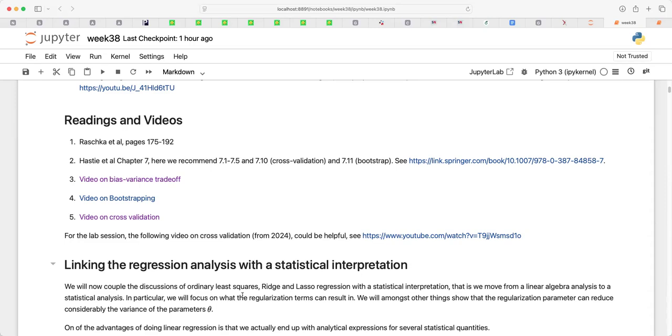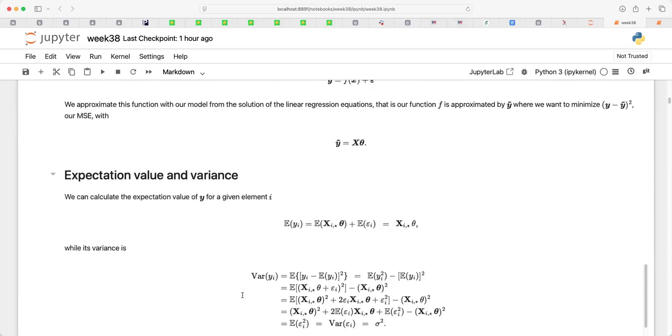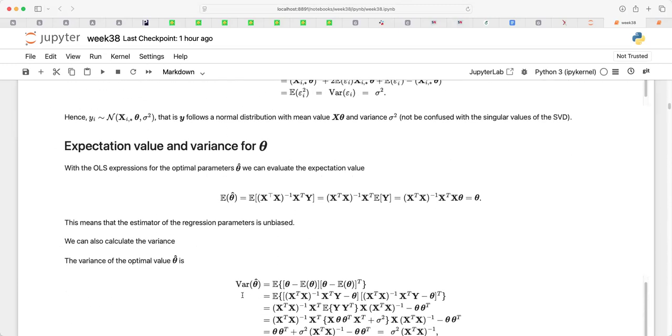Okay? So if you have independent and identically distributed variables, in the lecture notes, you will find a quick derivation of the central limit theorem.